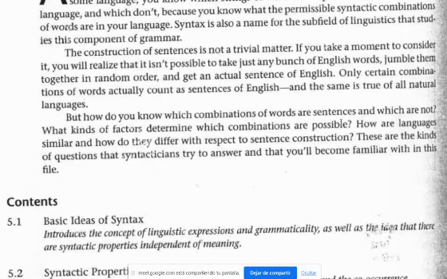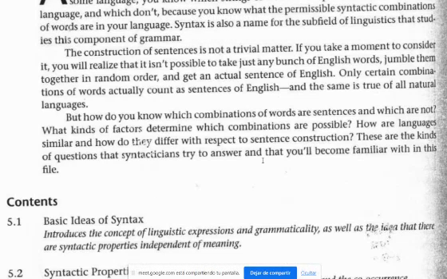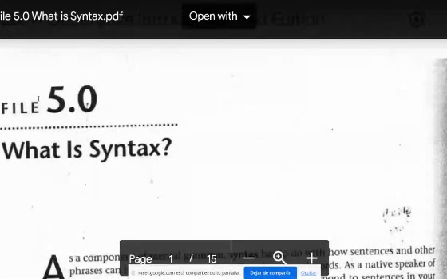How are languages similar, and how do they differ with respect to sentence construction? These are the kinds of questions that linguists try to answer, and that you will become familiar with in this file. This is file number 5, from the book from Ohio University.